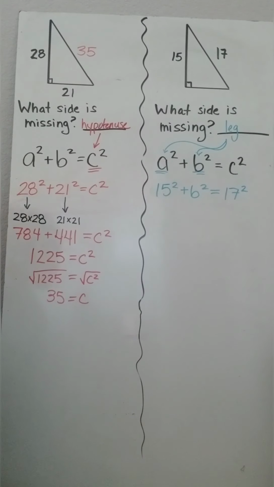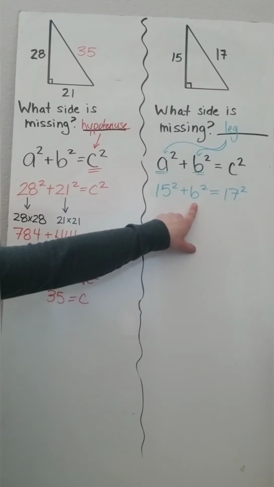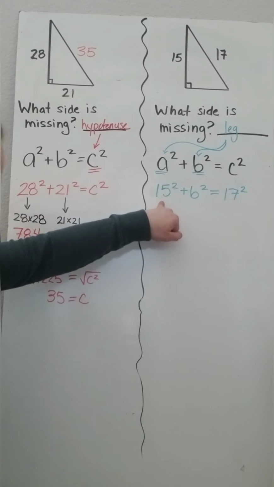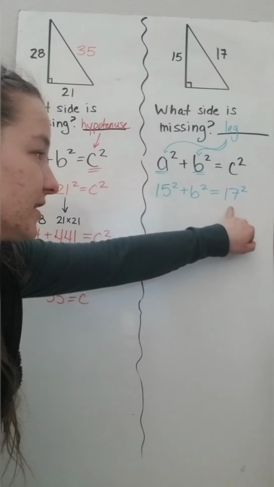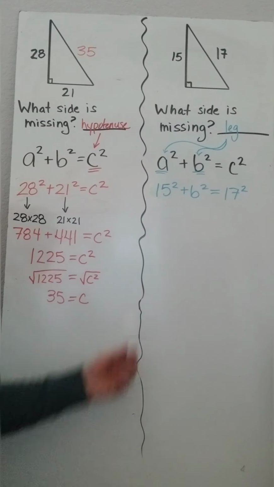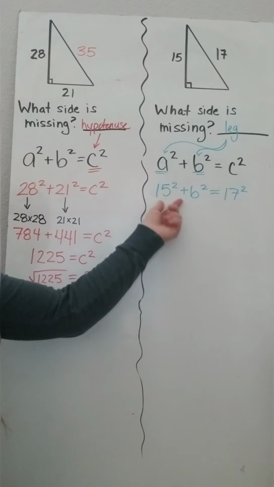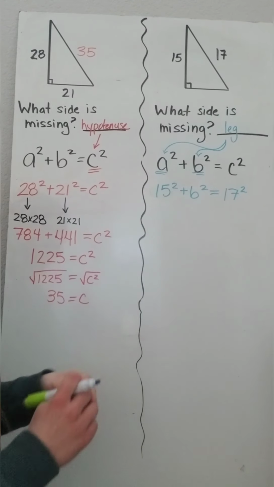From here, we are going to solve for B. In other words, we want to get B by itself on one side of the equation. So we can go ahead and simplify 15 squared and 17 squared. Remember, when you're squaring a number, you're multiplying that number by itself 2 times.